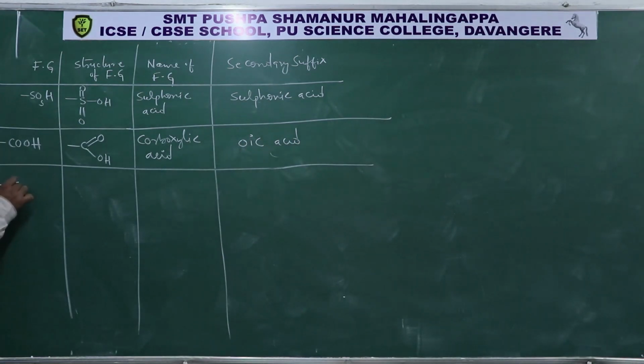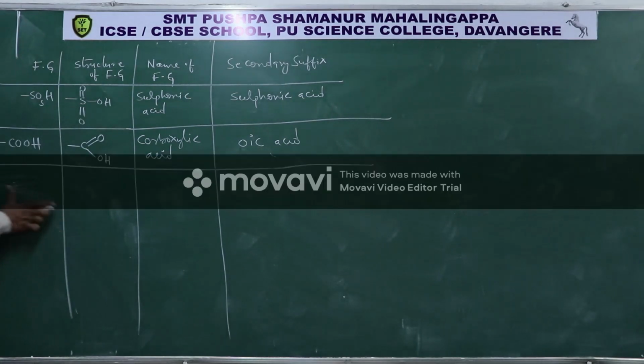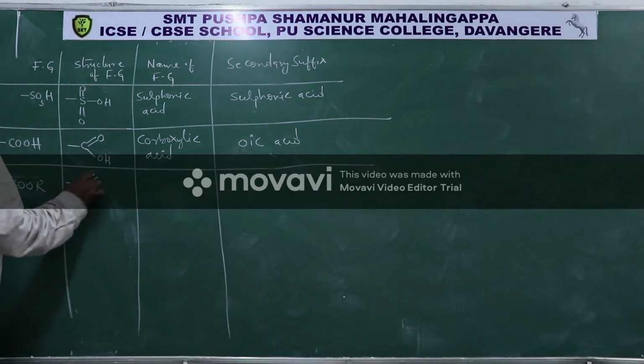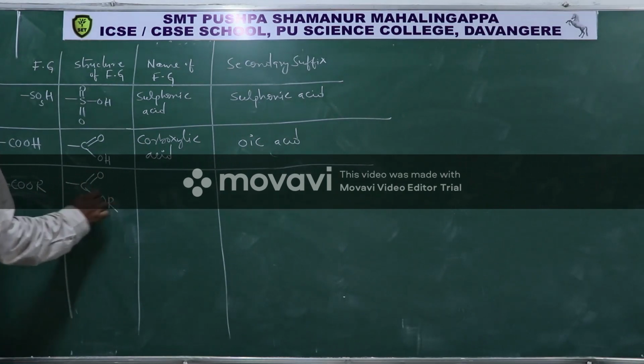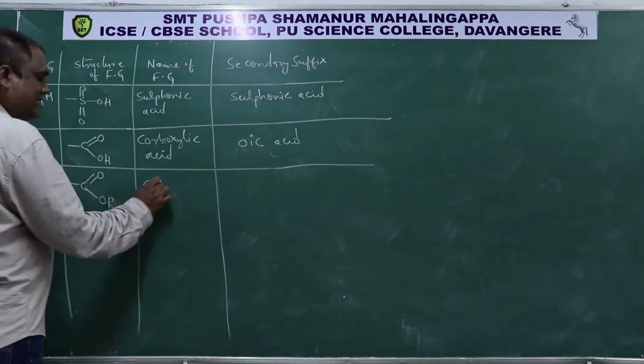Then C double bond O, OR, that is COOR. Then structure is C double bond OR. Name of the functional group is ester.